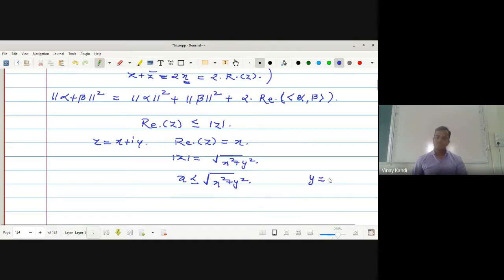If y is equal to 0, the imaginary part is 0, then we get x less than or equal to x. Does this condition hold? Yes. Since something is added to x, x is always less than or equal to it; greater can never happen.